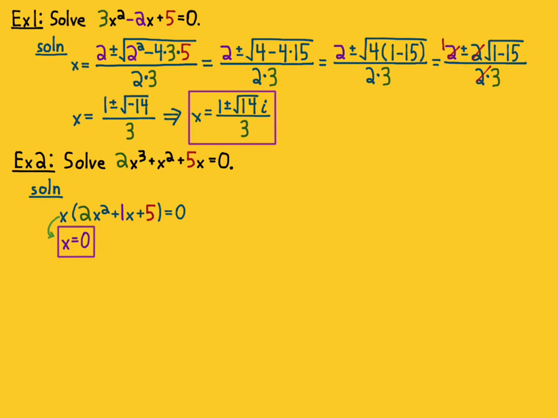Now the x, you just get x equals 0. You set each factor equal to 0, right? So you get x equals 0, and you get 2x squared plus 1x plus 5 equals 0. The second one, we can use the quadratic formula on it because it doesn't factor, at least not with integers.